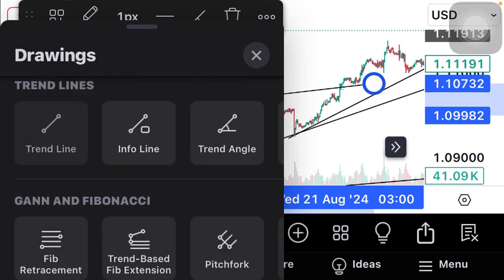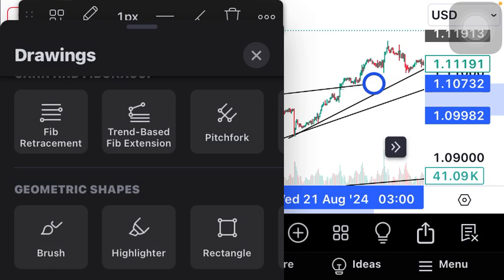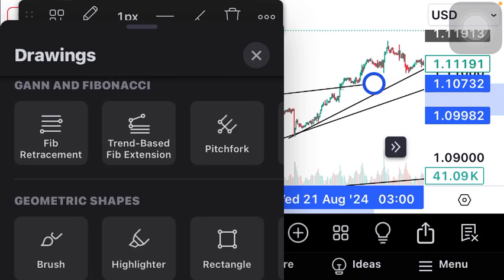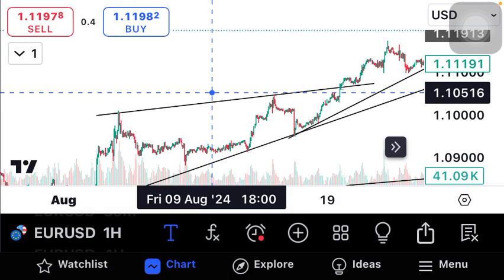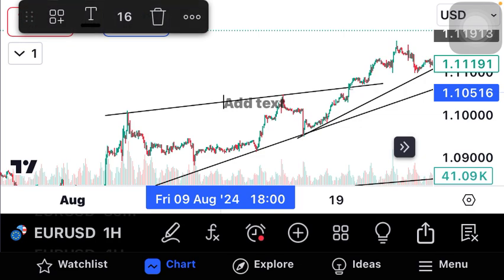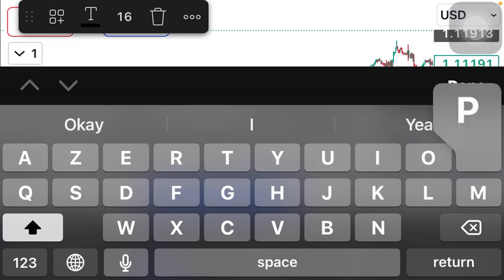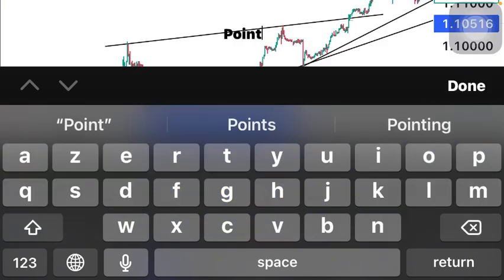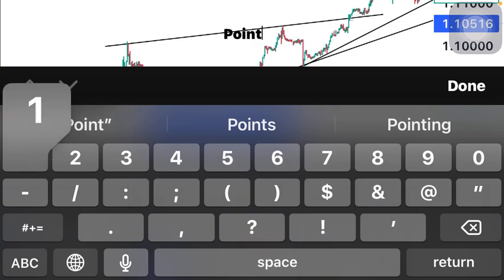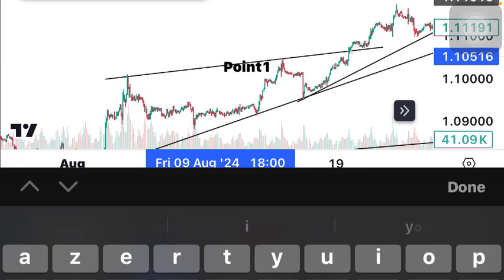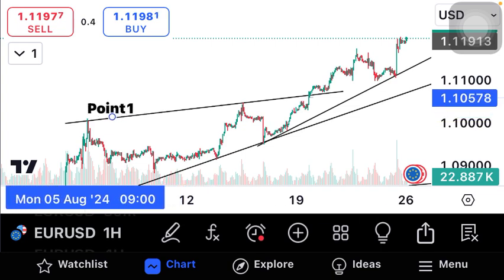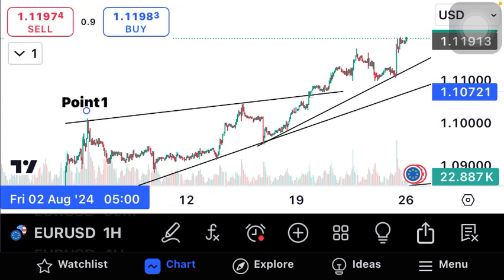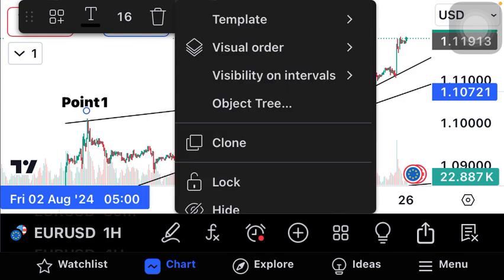I want to add the text here. Point, so make here 0.1. Done. Let's make here 0.1.